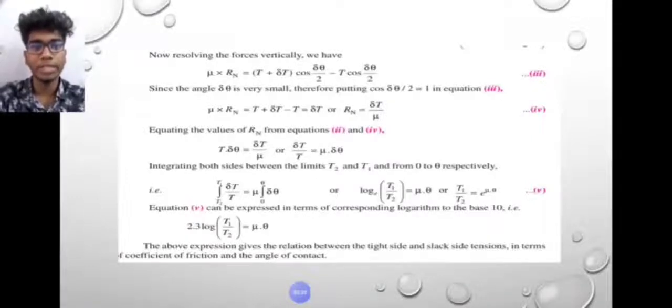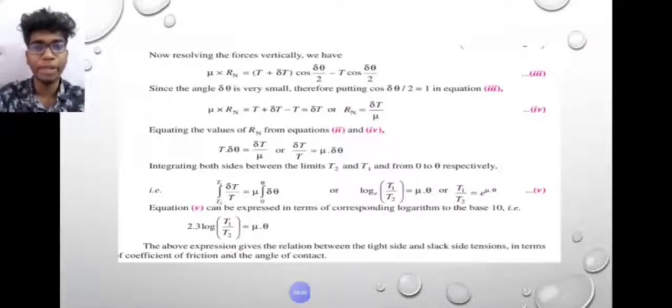Integrating both sides between the limits, that is T2 to T1 and 0 to theta respectively, we get integral T2 to T1 of delta T by T is equal to mu into integral 0 to theta of delta theta. We get log T1 by T2 is equal to mu theta, or it may be written as T1 by T2 equal to e power mu theta. This is taken as equation 5.